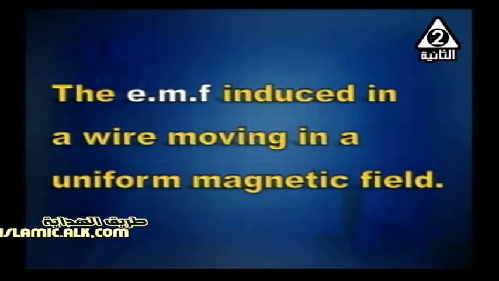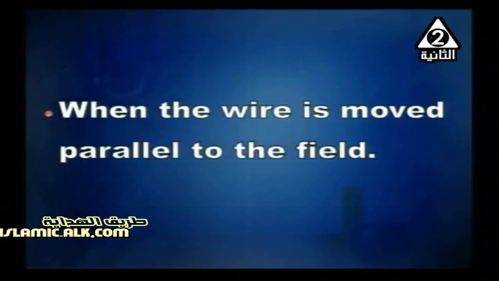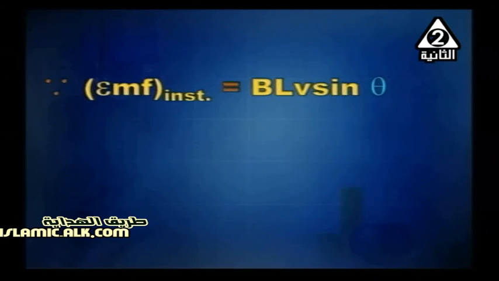When does the EMF induced in a wire moving in a uniform magnetic field equal 0? So we've got a wire, and the wire is moved in a magnetic field, but no EMF is induced. Actually, it happens when the wire is moved parallel to the field. The expression that gives the EMF induced: EMF is equal to BLV sine theta.